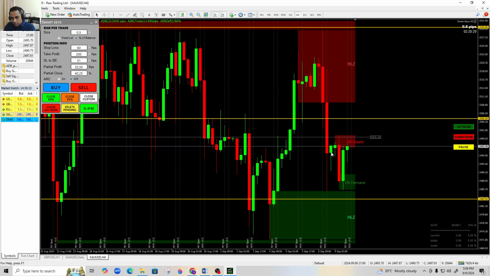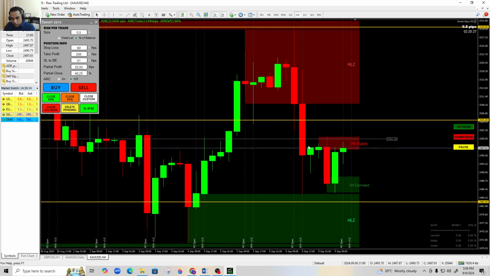So currently we have a supply zone here. Let's zoom in. We've got a drop, a base, and a drop. We've taken that as the base candle, and that's the high of the candle, and that's the open of the base candle. So that's one H4 supply zone right there. Then above that, we have a rally, a base, and a drop.